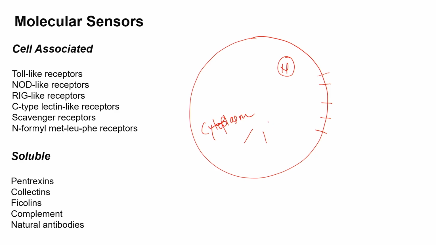They may be free floating or associated with structures such as the outer surface of mitochondria, or they may be present inside a specific structure called endosomes.